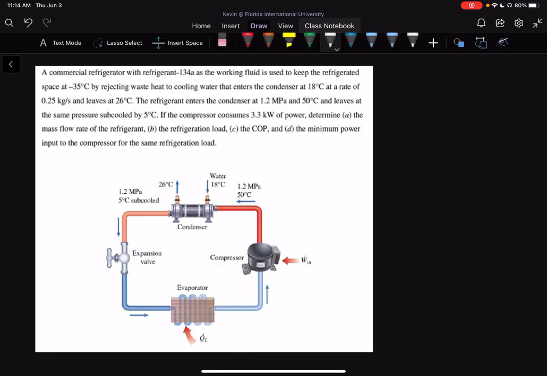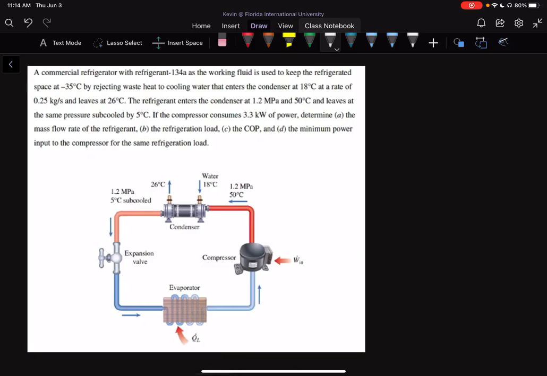We're told that we have a commercial refrigerator with refrigerant R134A as the working fluid, used to keep the refrigerated space at minus 35 degrees. So the first thing we can write is that our system has a refrigerated space connected to here that is at TL equal to minus 35 degrees Celsius.